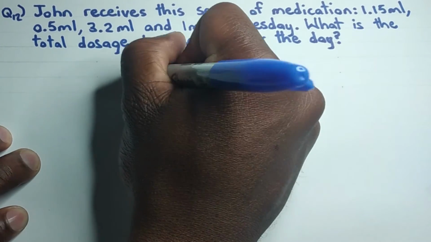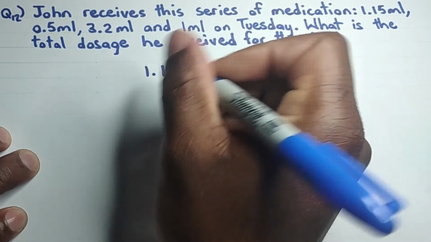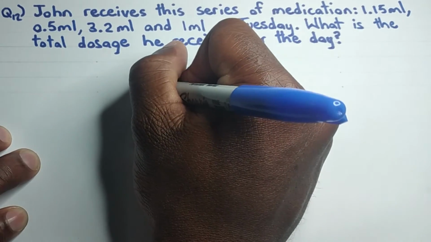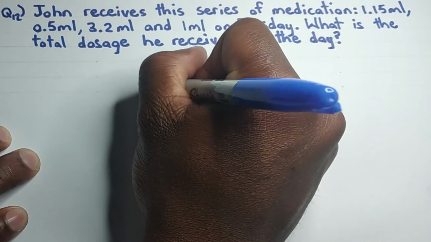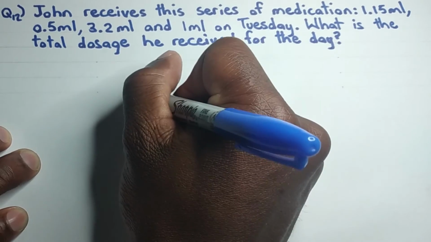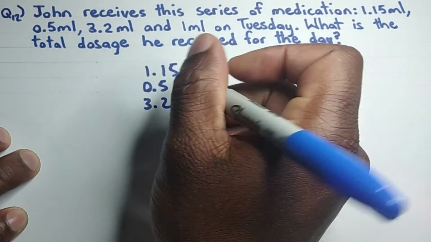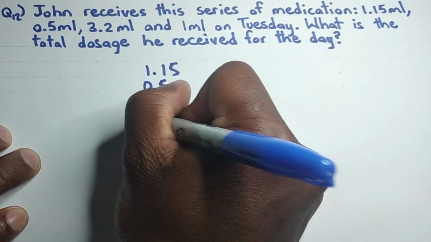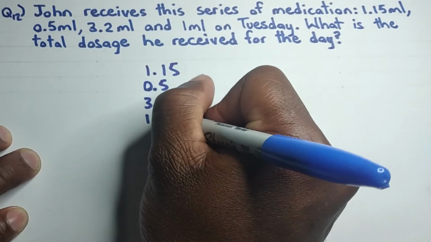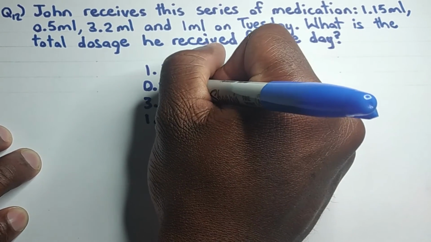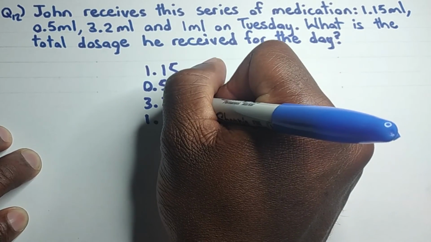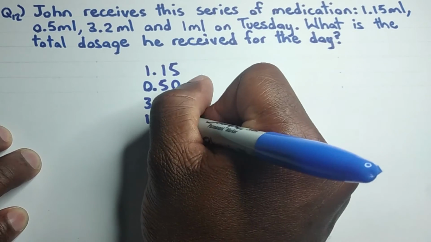So we have 1.15. We have 0.5. Then we have 3.2. And here we have 1. Now we can put a decimal point here and fill in the extra spaces, using 0 for the placeholders.